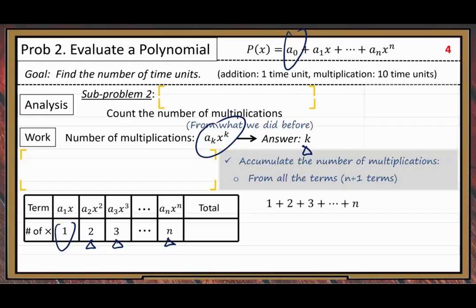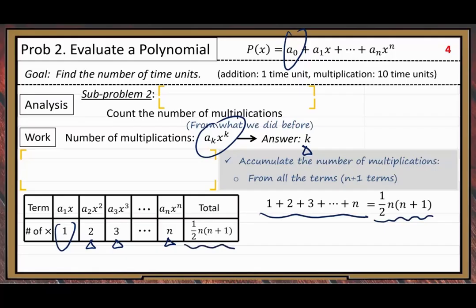Let's recall the summation formula for the first n consecutive positive integers, from discrete math: 1/2 times n times n plus 1. So that is the answer for the number of multiplications.